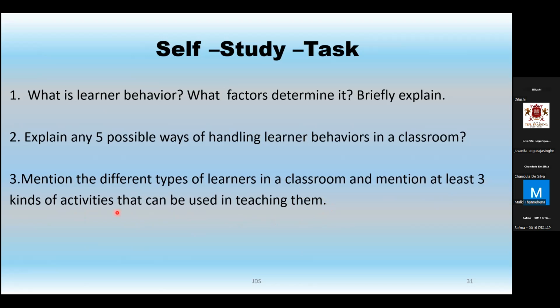For example, with visual learners, what are the 3 different kinds of activities you can use with them? You can make them draw pictures, write answers for questions, right? Like that, you have to think of 3 activities that would go with each of these kinds of learners.